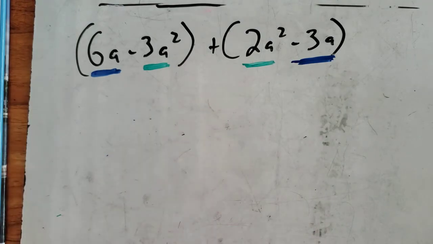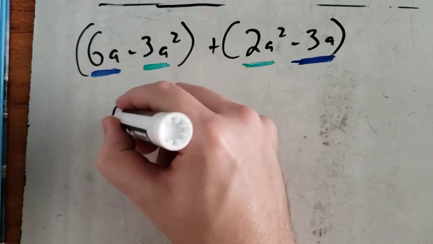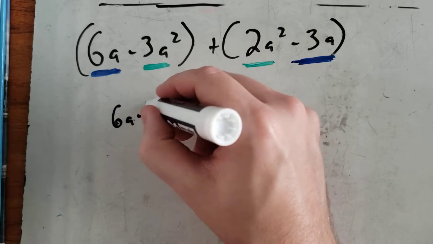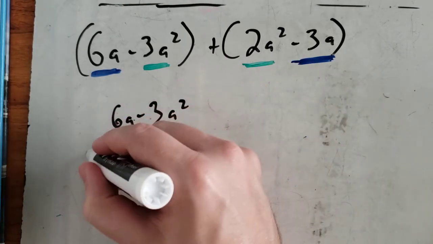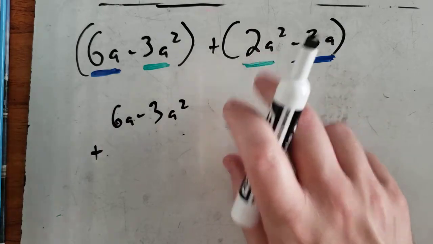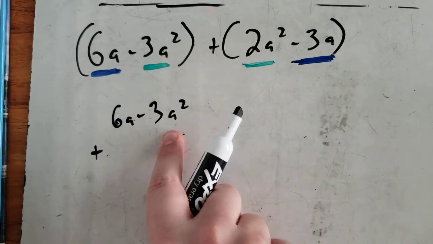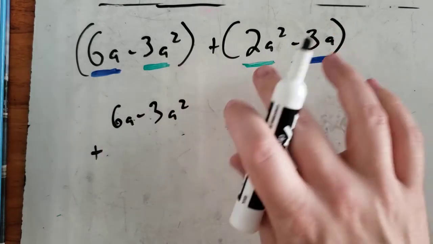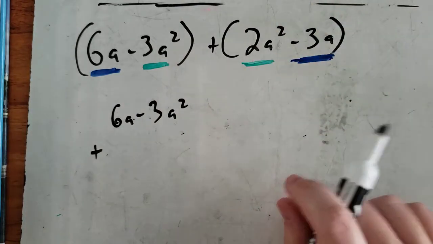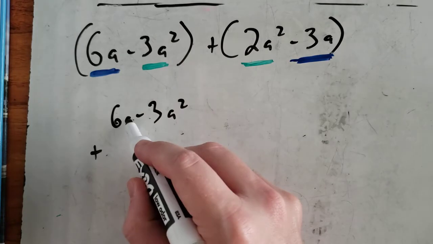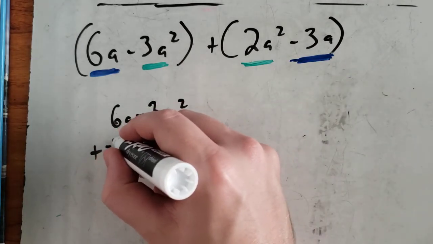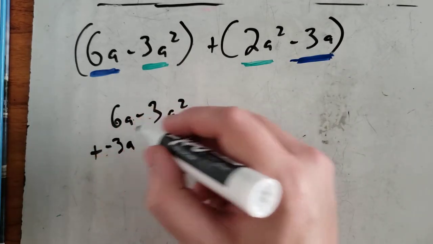But when you do, make sure you keep the same terms lined up with each other. So this first one here, you can do 6a minus 3a squared. But when you do this one plus, where's your a squared? It's here. So you have to basically switch these around. Okay, so it lines up. So this is going to go first because your single a is here. Negative 3a, right?